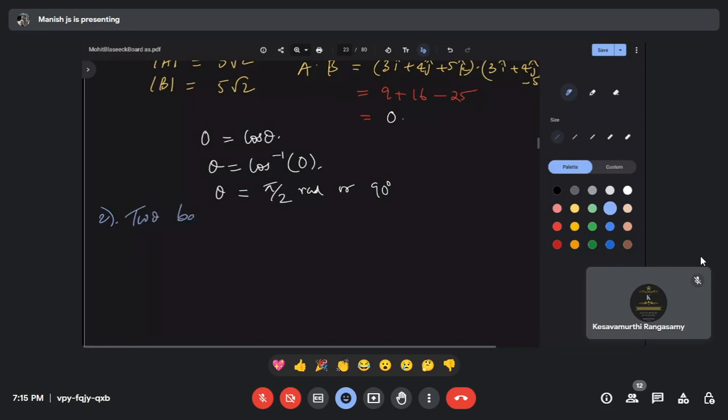Two balls are projected making angles 30 and 45 degrees with the horizontal.